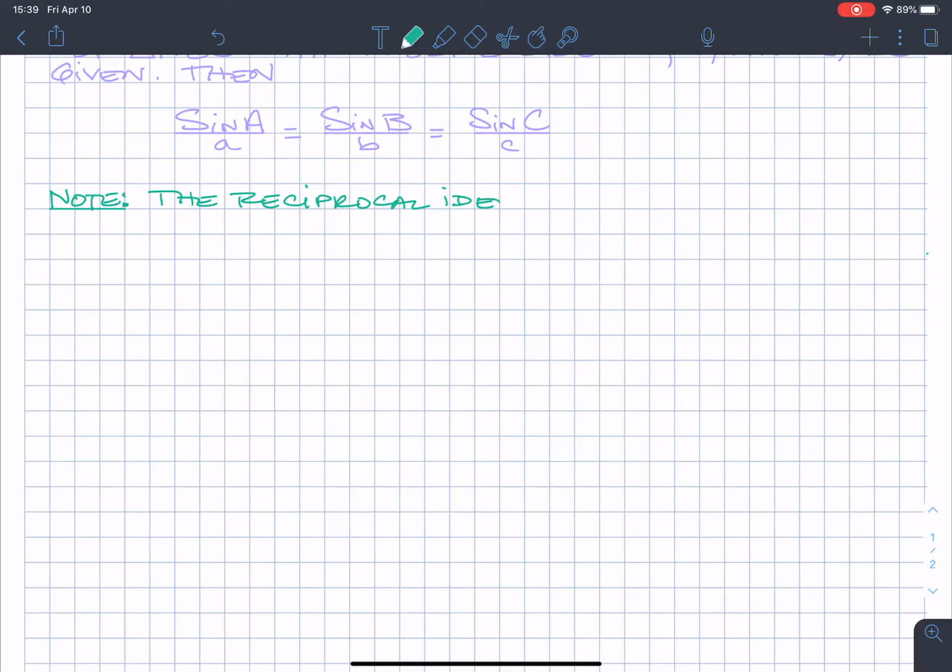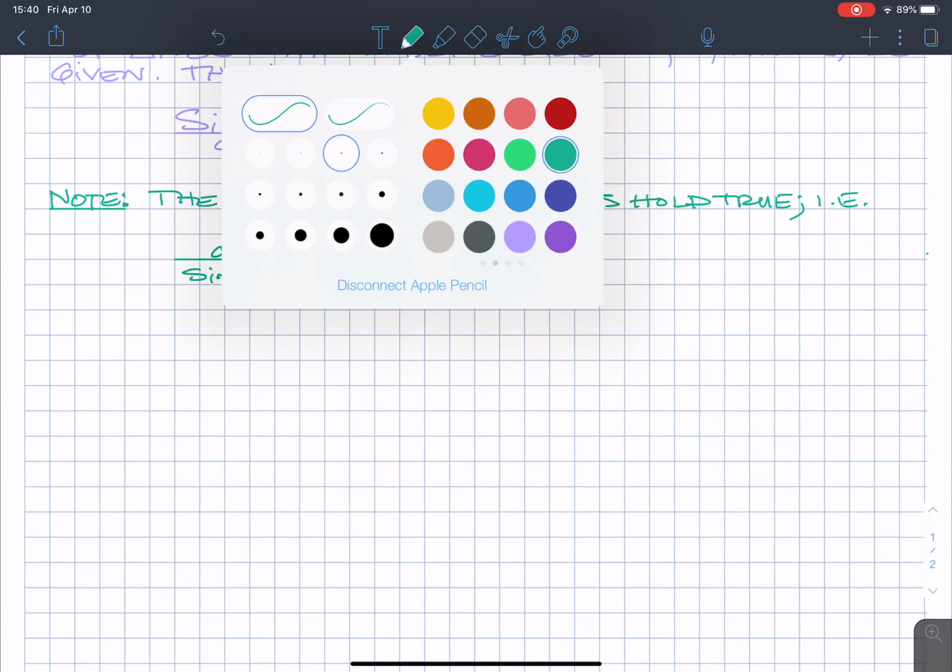That is, little side a divided by sine of angle A is the same as little side b divided by sine of angle B, which is the same as little side c divided by sine of angle C. So we can take the reciprocal and it is still a true identity.